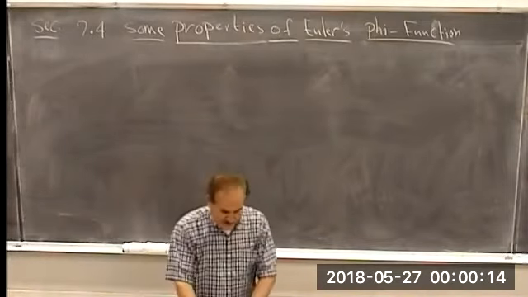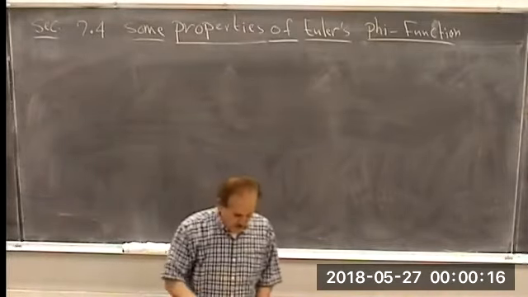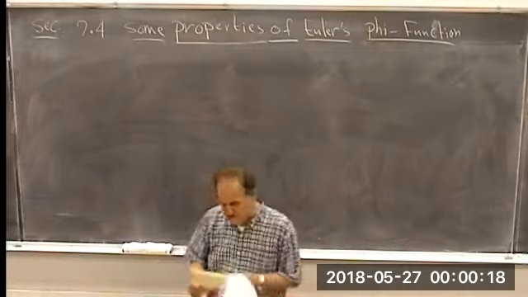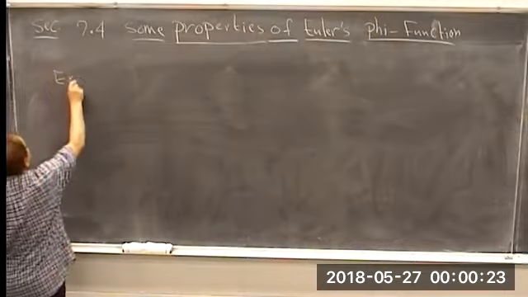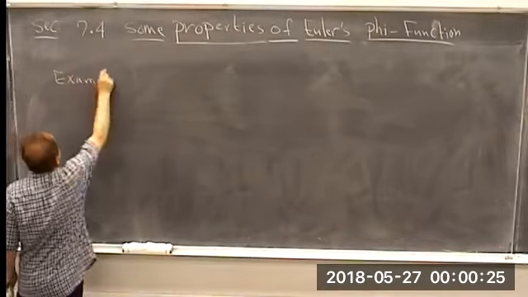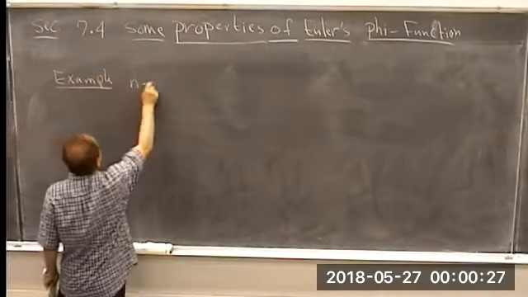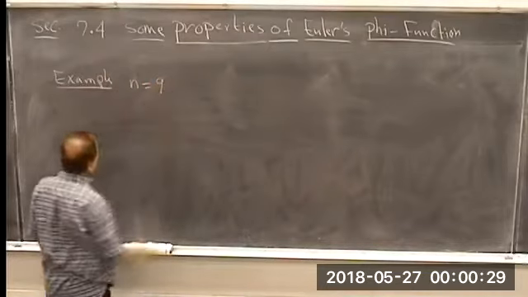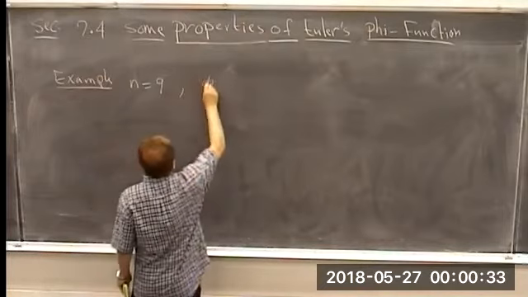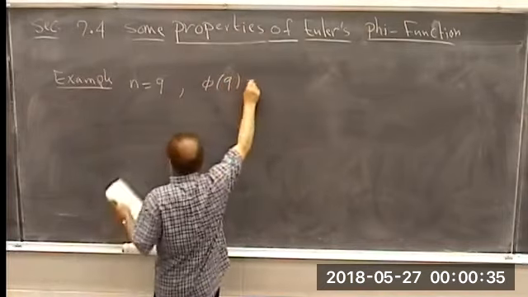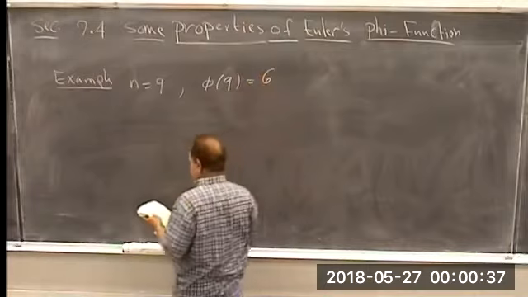Let me take n equal 9. We know that phi of 9 is equal to 6.